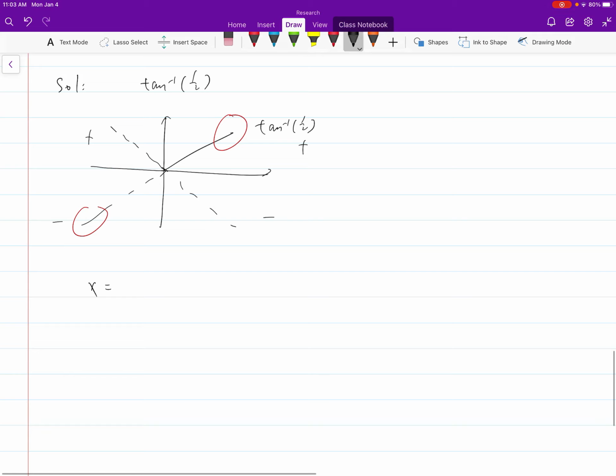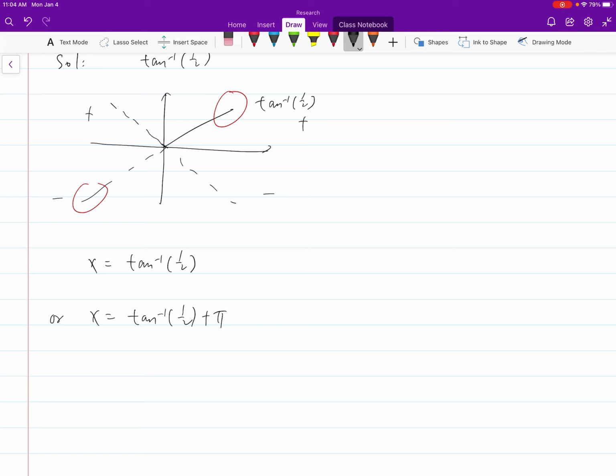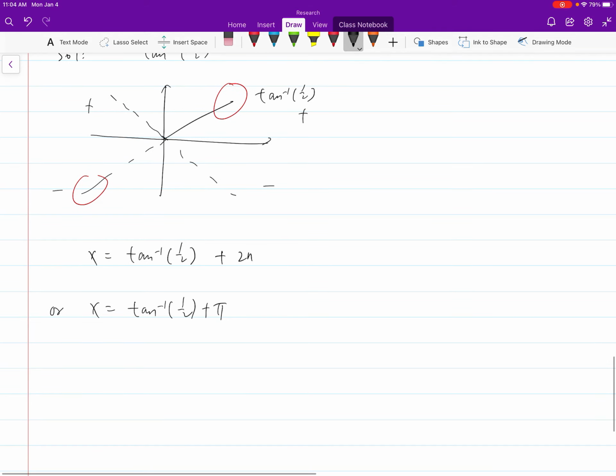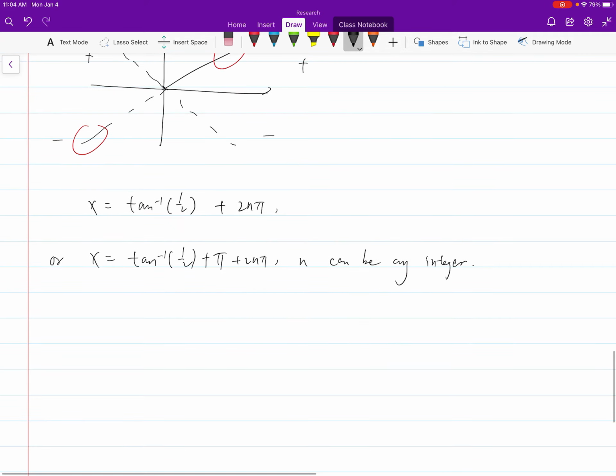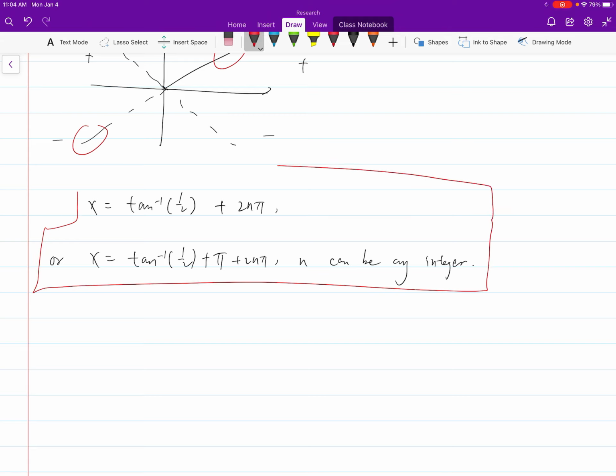X plus pi. Okay, which is the one in the third quadrant. Now, you can check by yourself. This answer is correct, number 1.